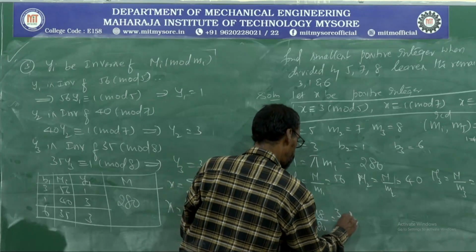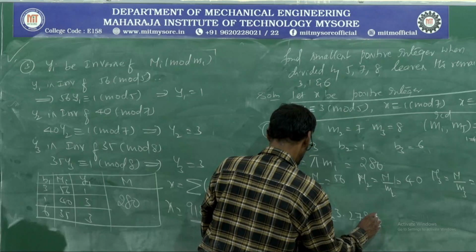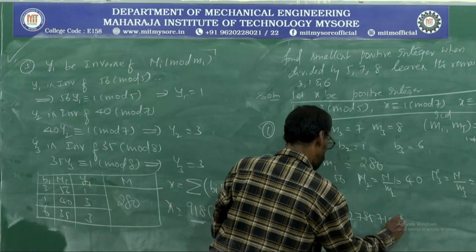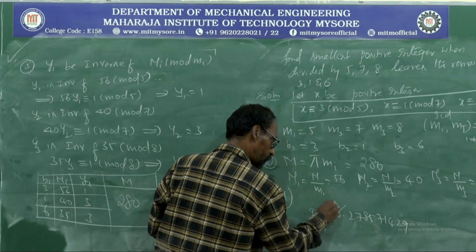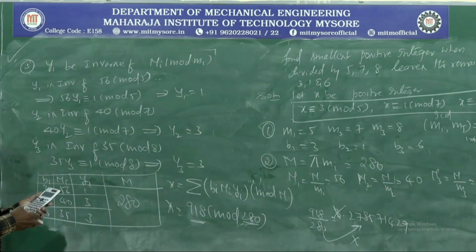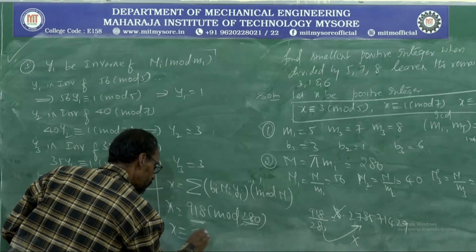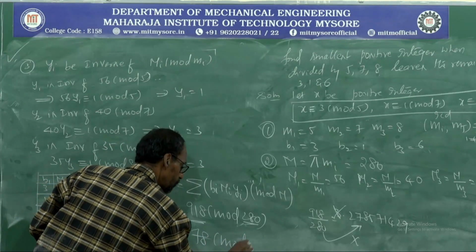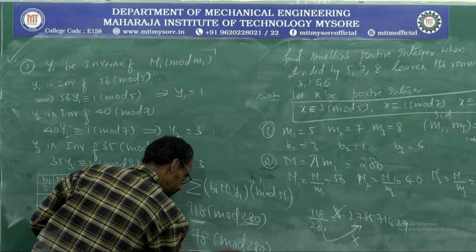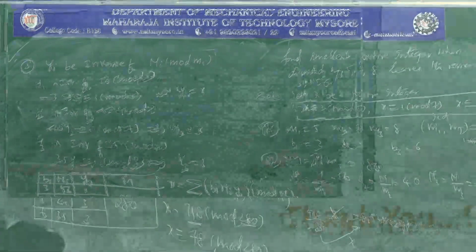The answer is 3.278571429. Ignore the integer part, just multiply the decimal part by 280, you will get the answer. The answer is 78. x is congruent to 78 modulo 280. This is how you can enjoy the Chinese remainder theorem. Okay.